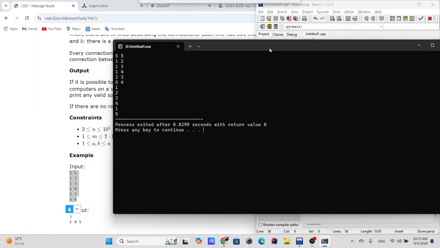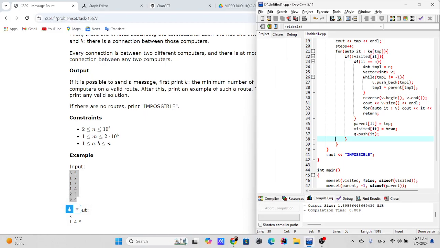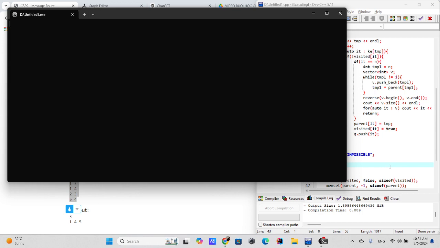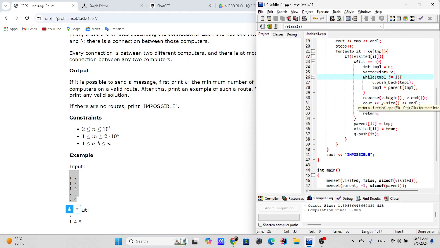Okay, so one. What is this? Nah, man. One. Temporaries end, right? Pushback. Temporary.